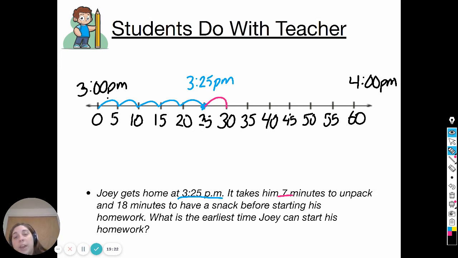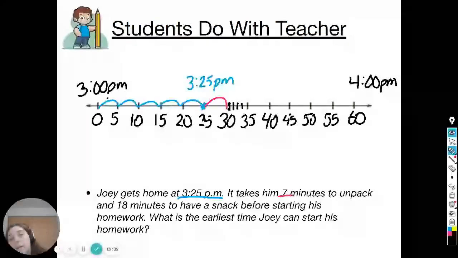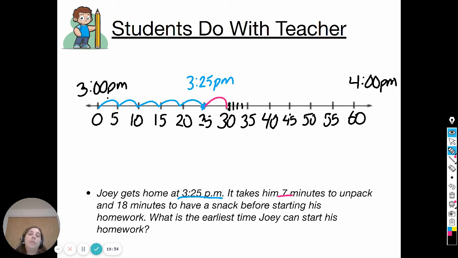So after 30, we need 31, 32, 33, 34, and then there's already a mark there for 35. Okay. Now we can go back and find 7, okay? We're at 5. Now we got to count by ones. 6, 7. Plot my point right there.